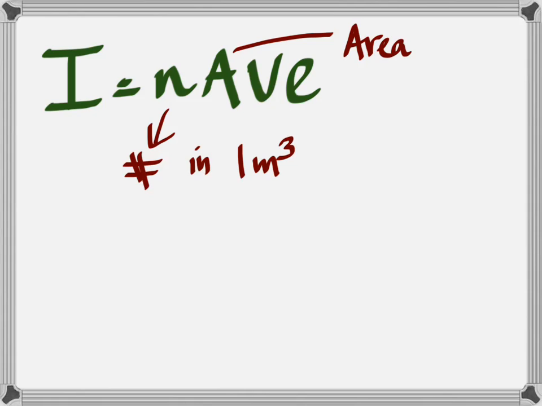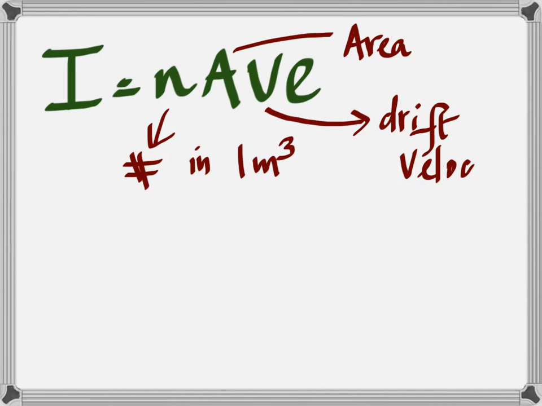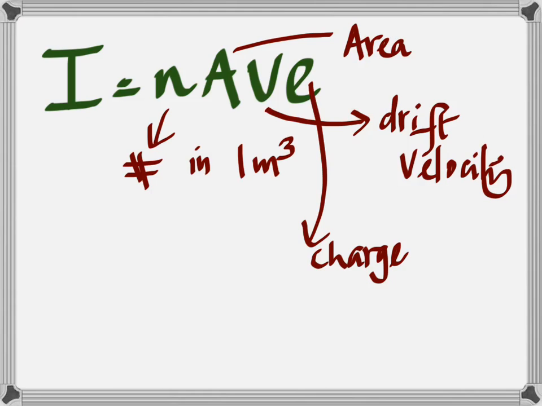And V is the drift velocity of the electrons, which is really small. So that's the drift velocity. And obviously E is the charge of the electron, which is 1.6 times 10 to the negative 19 coulombs.